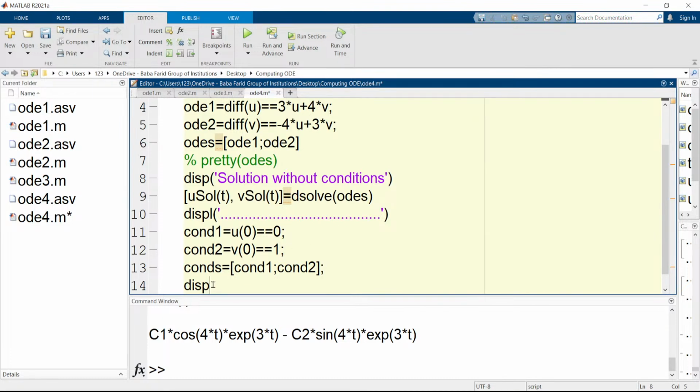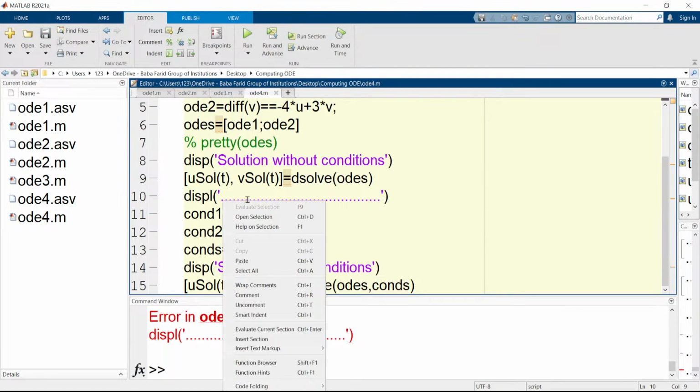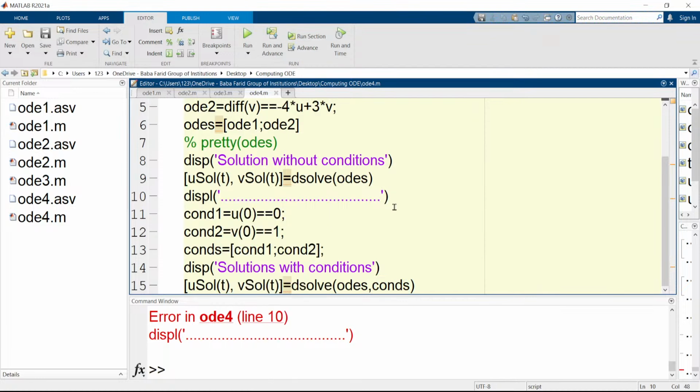At its place we have solutions. Okay, this is not allowed, so at its place you can use this one. Display.